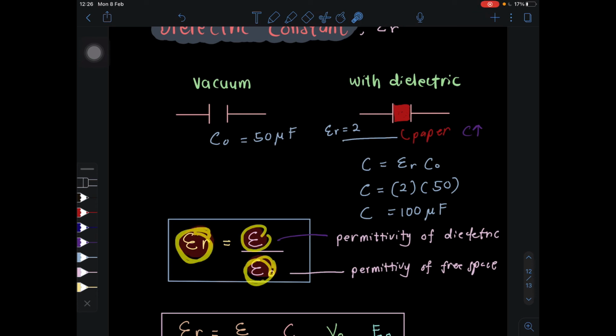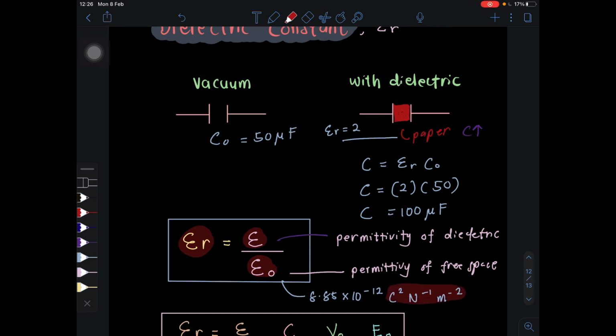This one is a constant value, which is 8.85 exponent negative 12, coulomb square per Newton per meter square. So this is the unit for the permittivity, but dielectric constant has no unit.